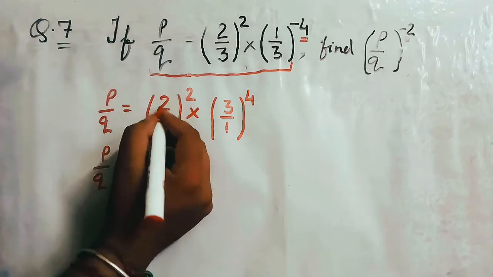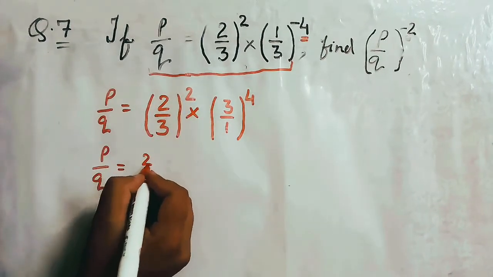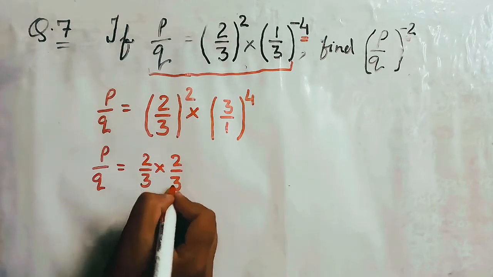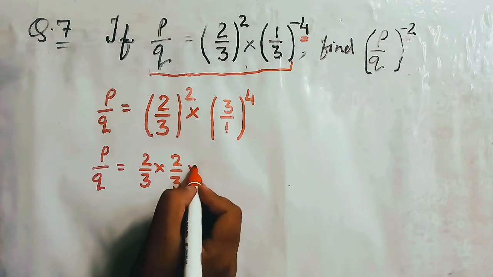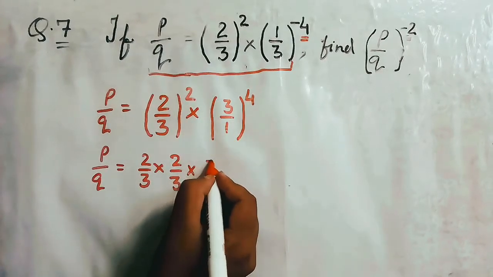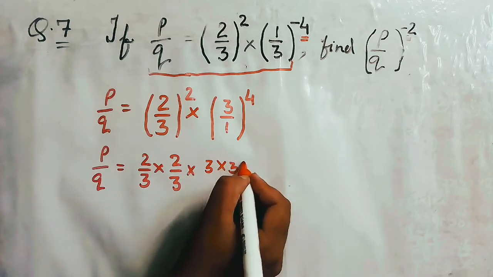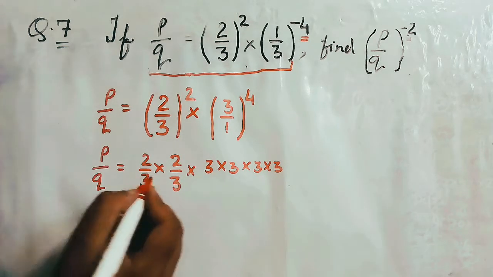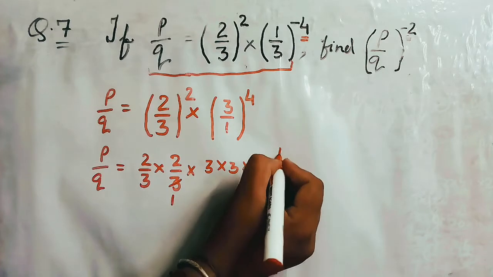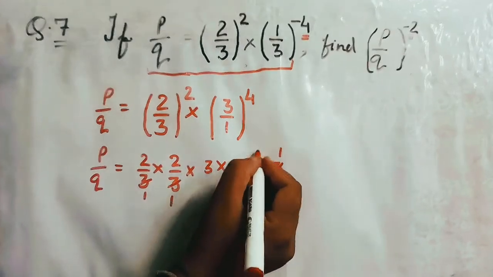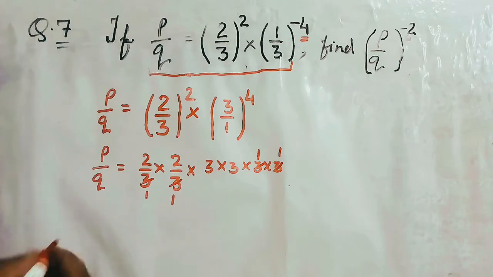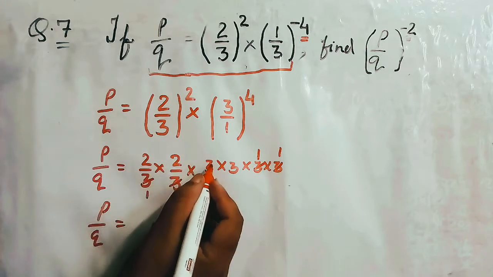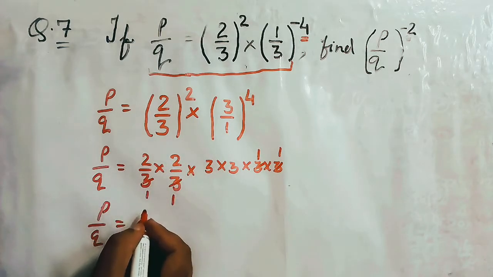P upon Q will be equal to, now its power is 2, so multiply 2 times, 2 upon 3 multiplied by 2 upon 3, whole multiplied by 3 upon 1 raised to power 4. 3 upon 1 can be written as 3, so multiply 4 times 3. 3 ones are 3, 3 ones are 3, cancelled in numerator and denominator both, and the value of P upon Q will be 2 2s are 4, 3s are 12 and 3s are 36.